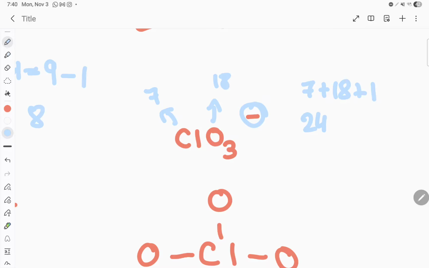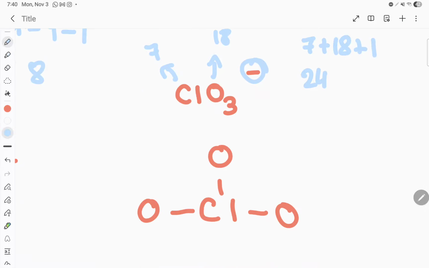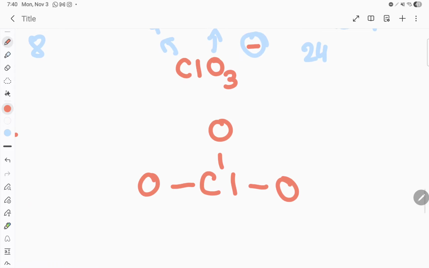Wait, not 24. Isn't it 26? Let me check. 8 plus 18 is 26. Okay, so now that we have 26, we also need to be careful of one thing. Whenever you're doing Lewis structure, you need to satisfy octet rule, which means each atom should be surrounded by 8 electrons.